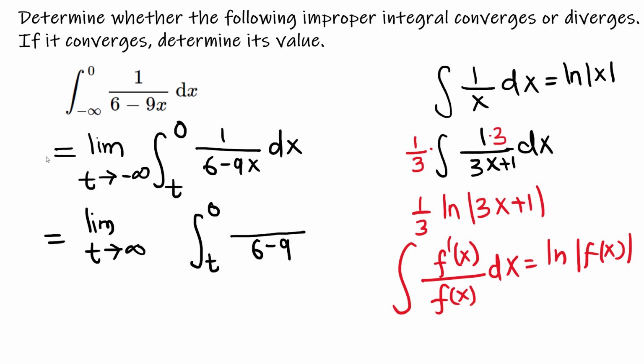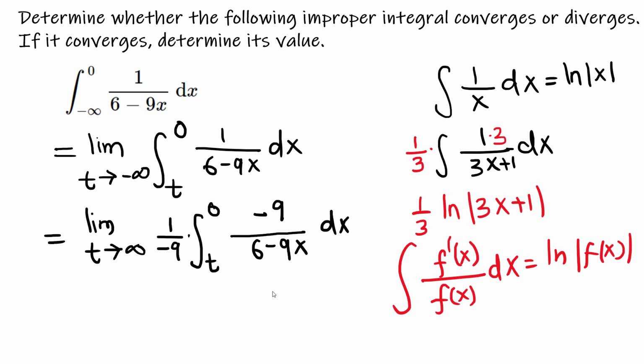The derivative of 6 minus 9x is negative 9, so I multiply the top by negative 9, and to cancel it, I multiply by 1 over negative 9. In fact, this can be pulled all the way outside. Now this is exactly like what we talked about.